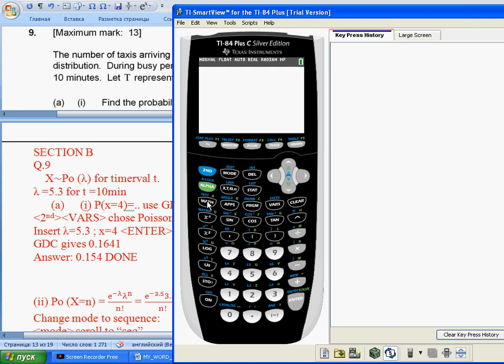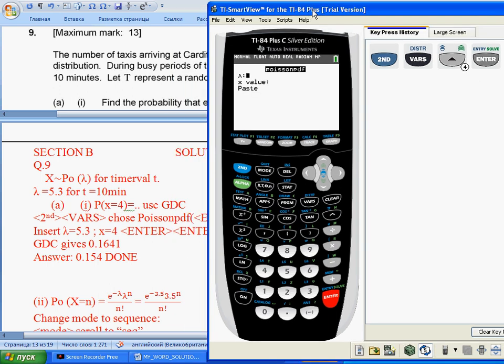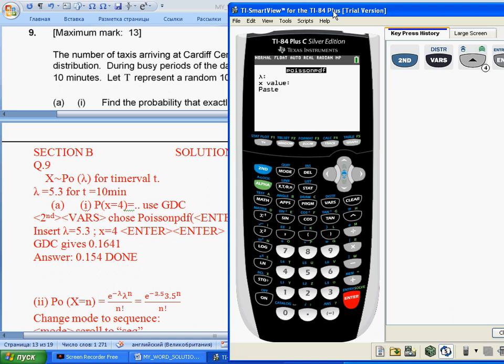Second verse. We need Poisson distribution, scrolling to Poisson pdf, not cumulative. It is just this one. We press enter. Oh, they want lambda, which is 5.3. We press enter. X value, exactly how many times? 4 times.